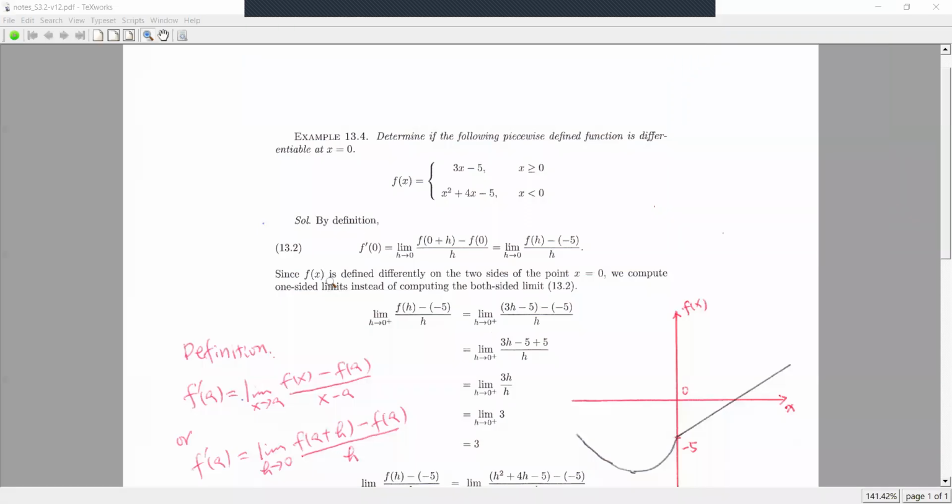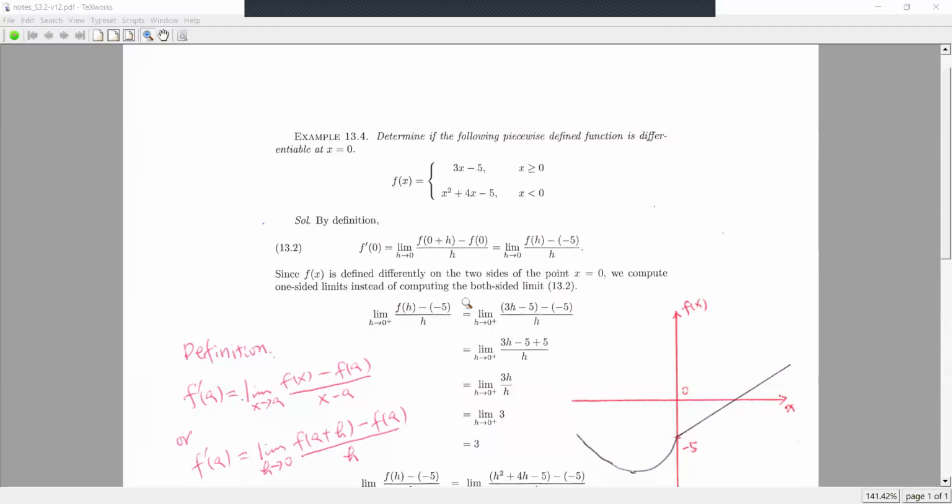Since the function f is defined differently on the two sides of the point 0, instead of computing this two-sided limit, I compute the left-hand side limit and right-hand side limit. For the right-hand side limit, h approaches 0 from the right. h is greater than 0. When h is greater than 0, f of h is 3h minus 5.